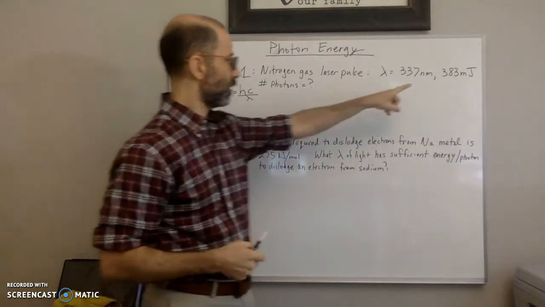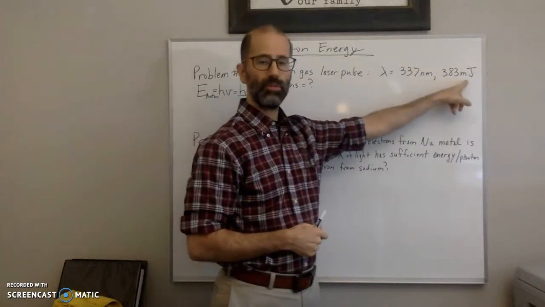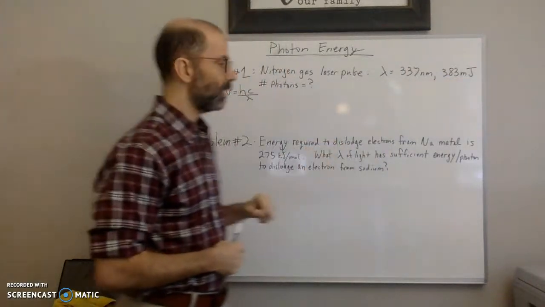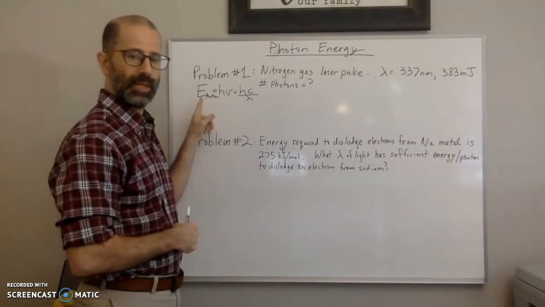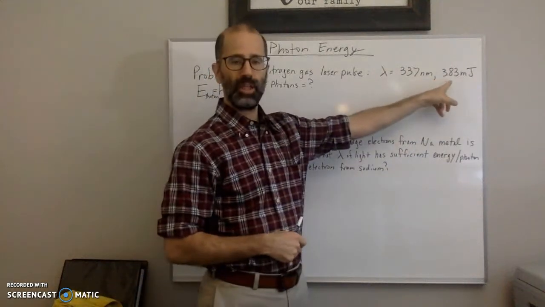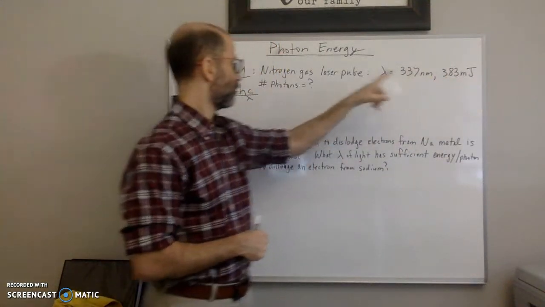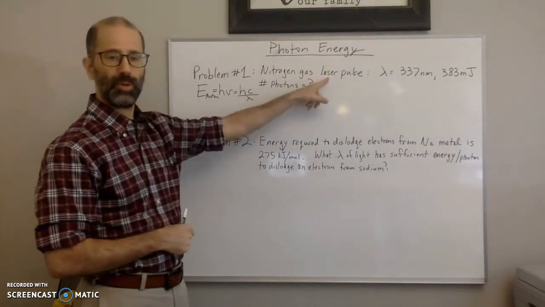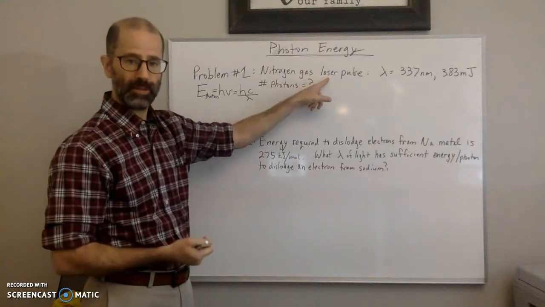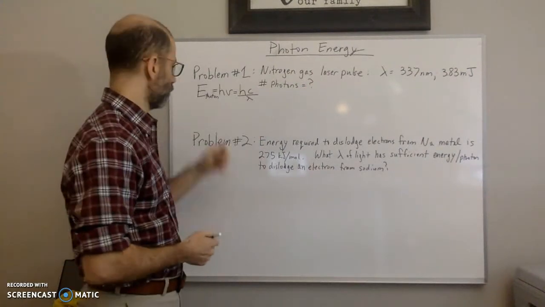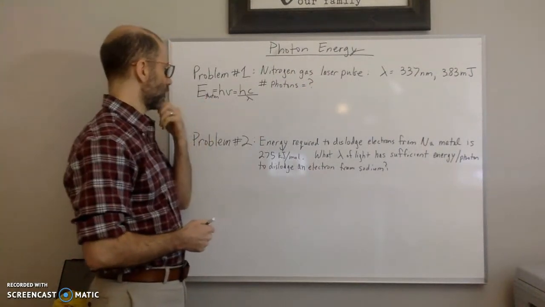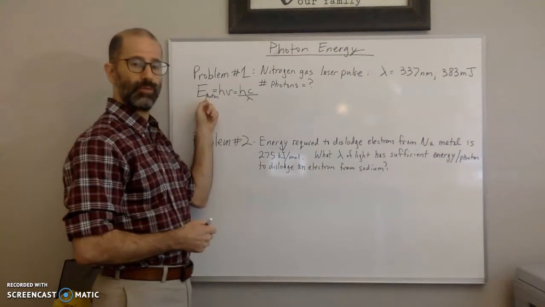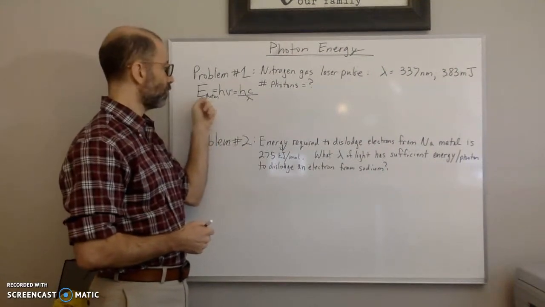Some students right away are going to be like, 3.83 millijoules, oh, I got energy, I'm going to put that here. But this is not the energy of a single photon. It is the energy of a laser pulse, which is many photons, right? So if you're going to use this equation, you first have to find the energy of the photon.